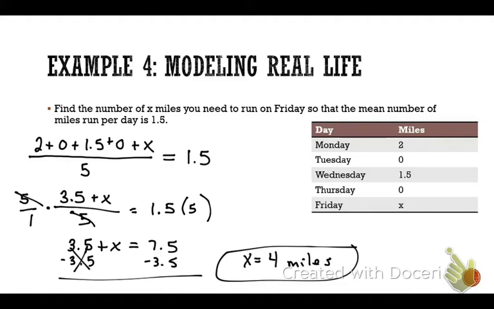I overslept. My knees were hurting. My foot hurt. I was sick. I had a cold or something. Who knows? But if you slack off 2 of the days, your goal was 1.5 miles a day. If you had just run 1.5 miles a day, you would be good. But instead, you have to run 4 miles on Friday to make up for your lazy days.